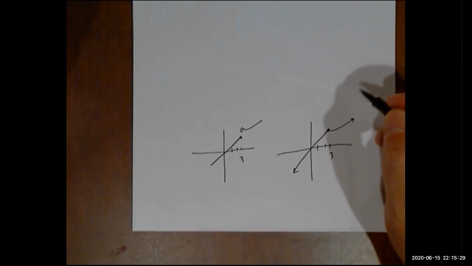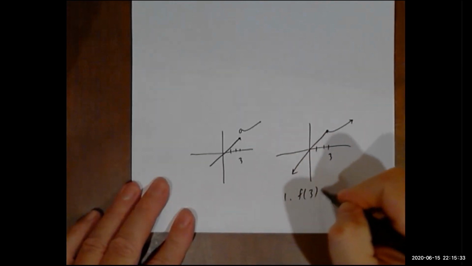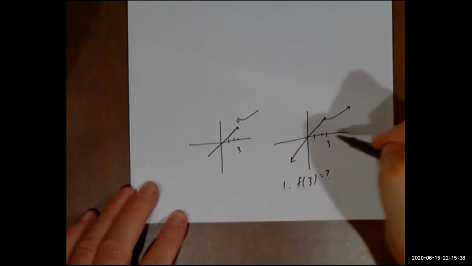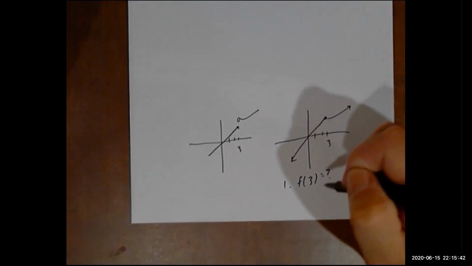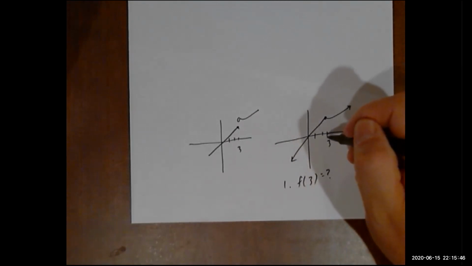So you know what we're going to do? We're going to first check. I don't know which one of these it's going to be, but we're going to go see what the value of the function is at that value of x.